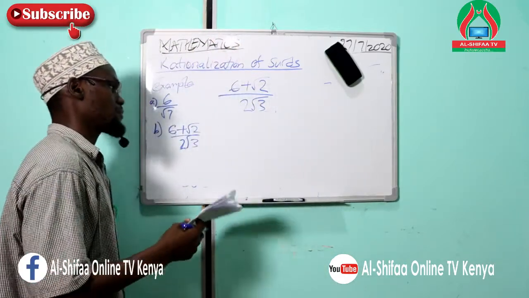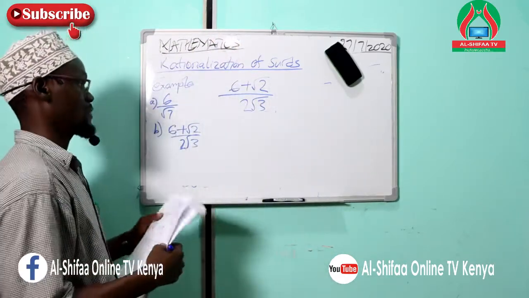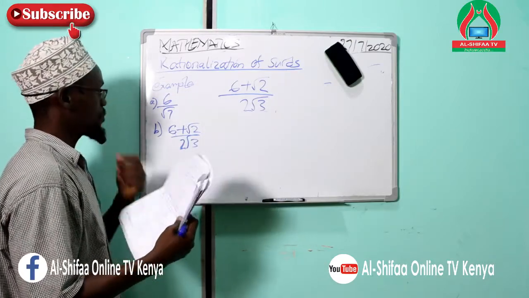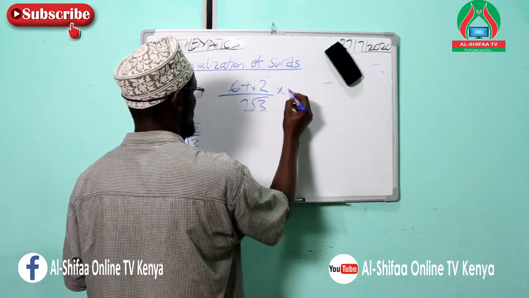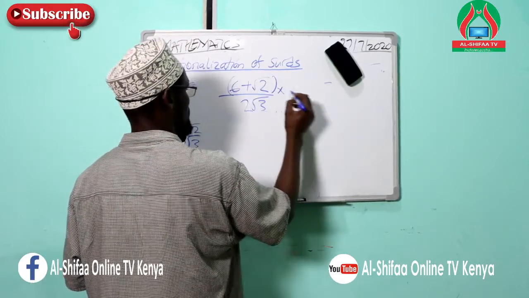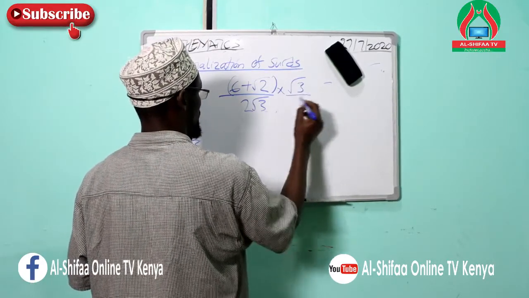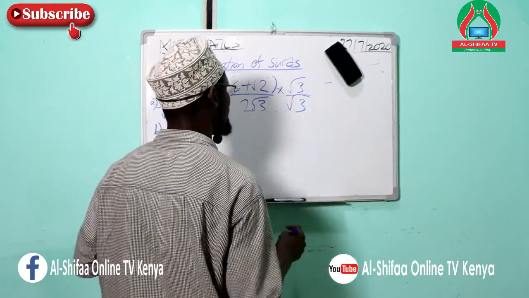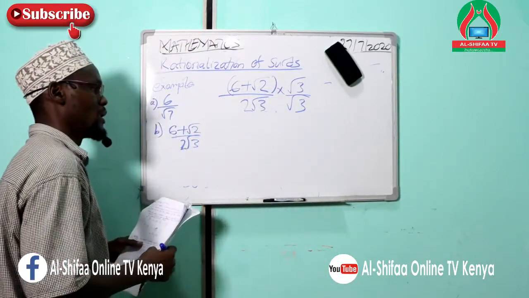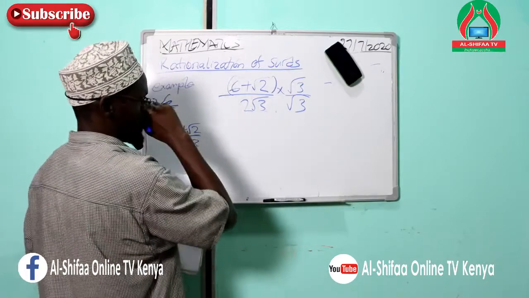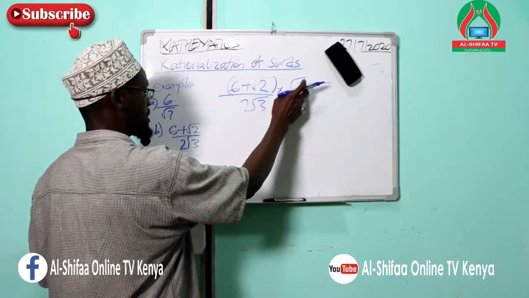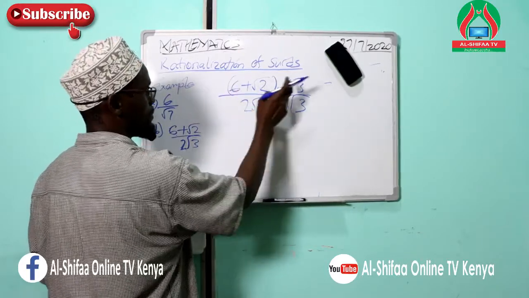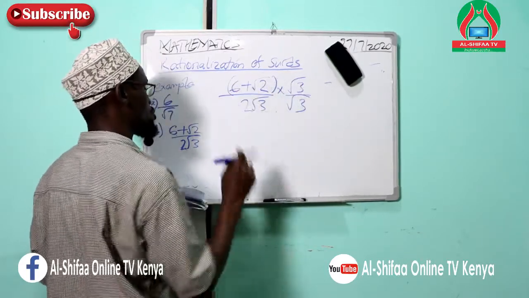So we multiply both the numerator and the denominator by root 3. When we multiply on the top, we'll get root 3 multiplied by 6 plus root 3 multiplied by root 2.